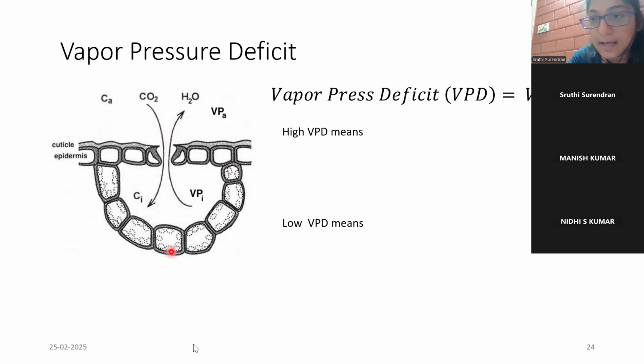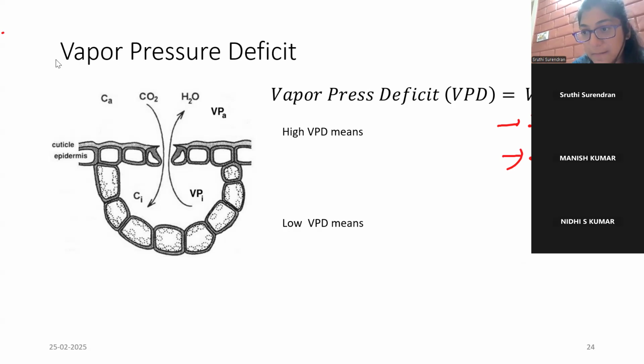When we say VPD is high, it is because this value is going to be high. Say the saturated vapor pressure is 25 and the actual is 15, and say it is 25 and the actual vapor pressure is 10. So 25 minus 15 is equal to 10, and 25 minus 10 is equal to 15. So we say this is the higher vapor pressure deficit than this one.